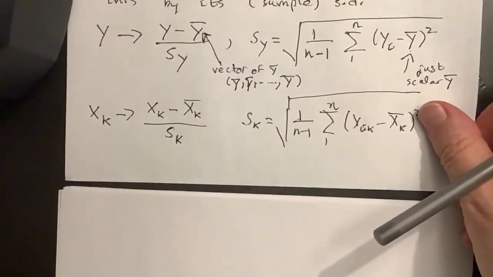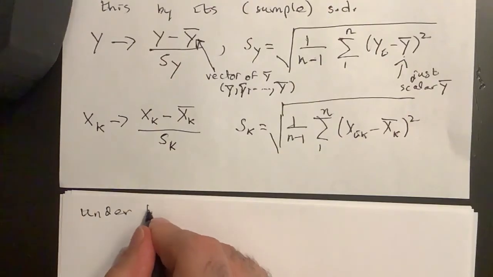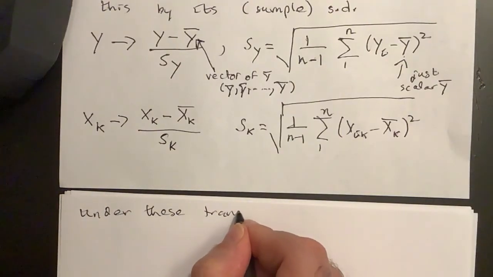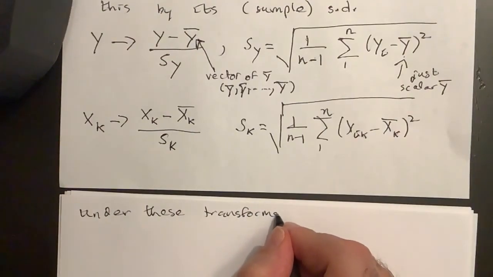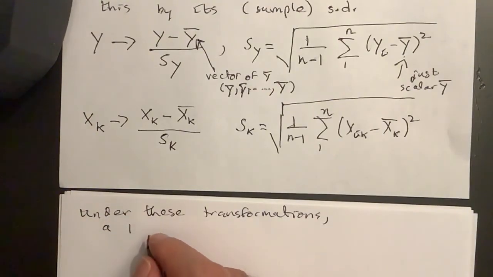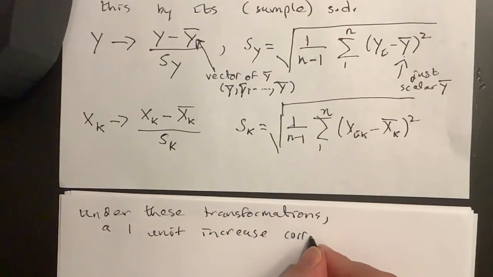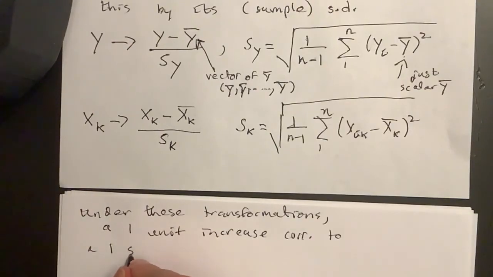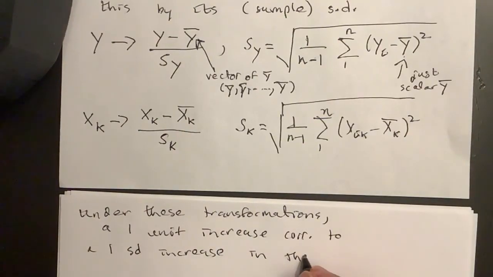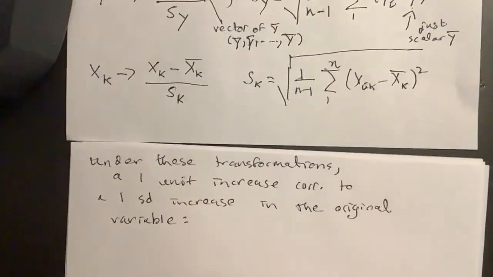So let's write it down. Under these transformations, a 1 unit increase corresponds to a 1 SD increase in the original variable. We should be able to see that.